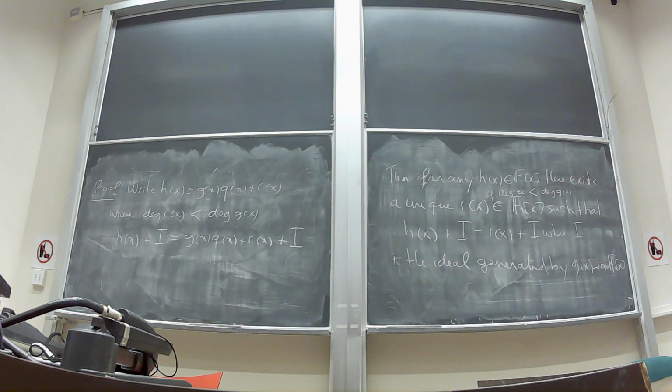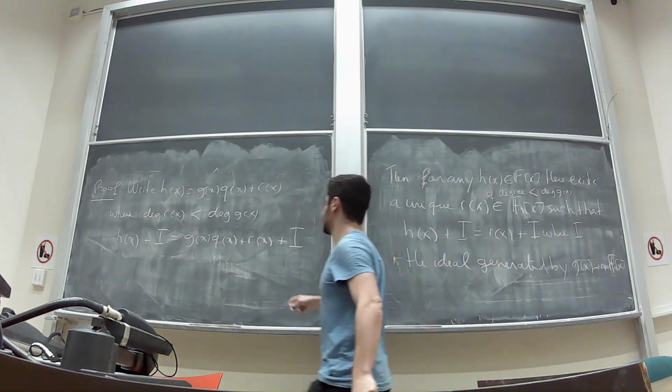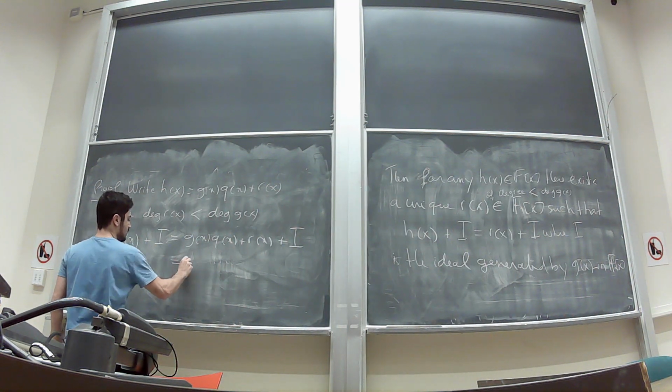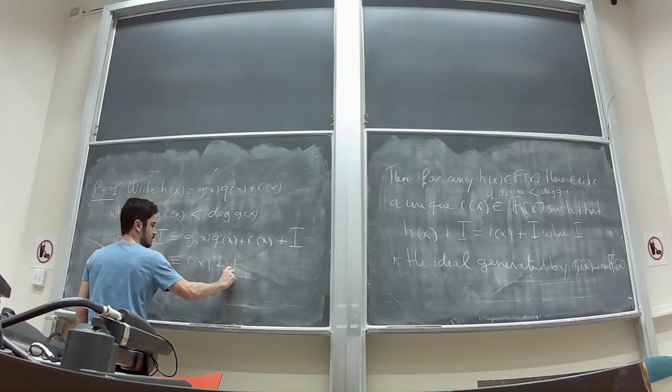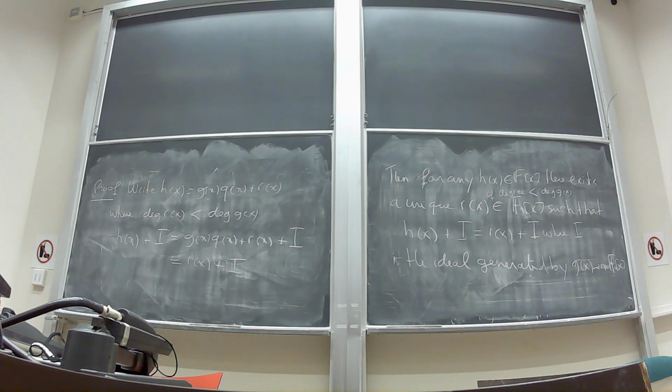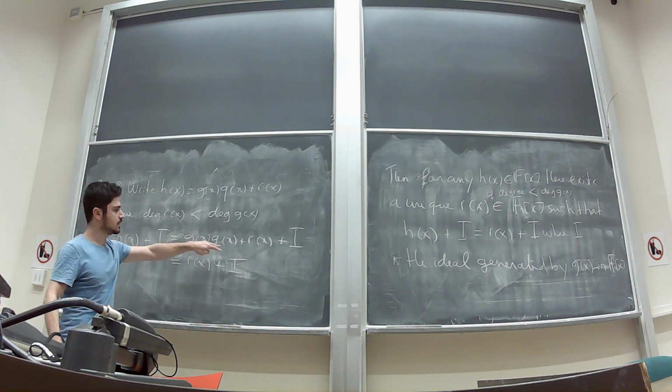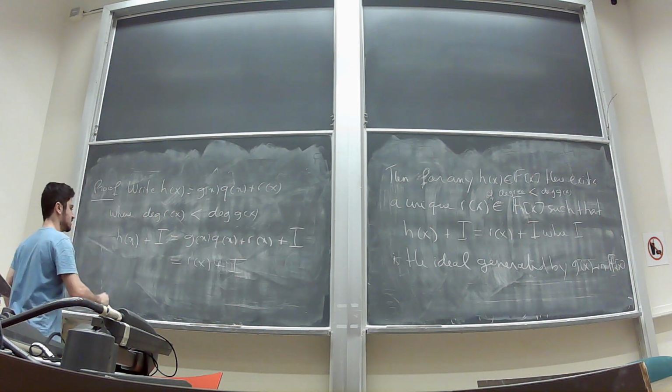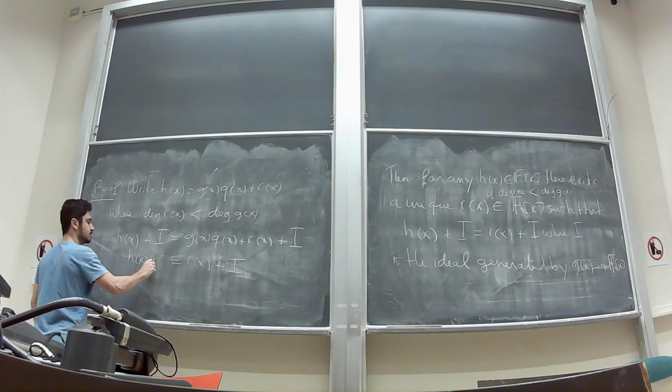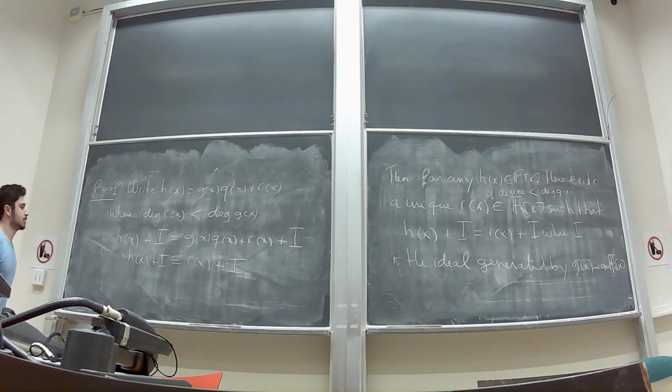So does g(x)q(x) belong to I? Yes. So g(x)q(x) plus I is just 0, so we get just r(x) plus I. Agreed? If you reduce modulo the ideal I, this will be 0, this will be r(x), and this will be h(x) plus I. Okay, now uniqueness.